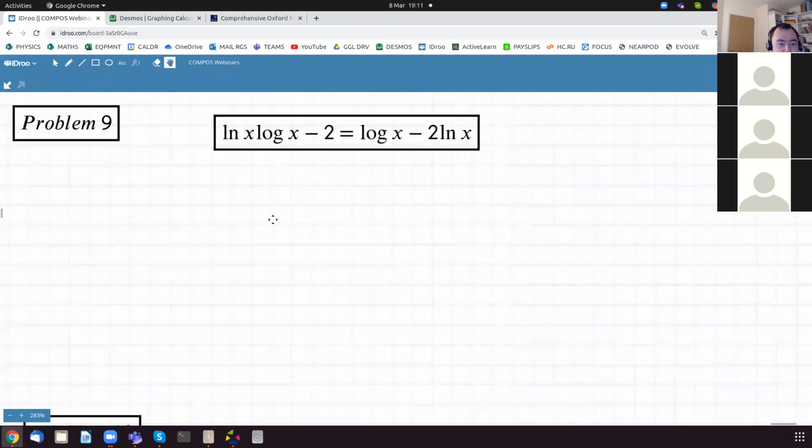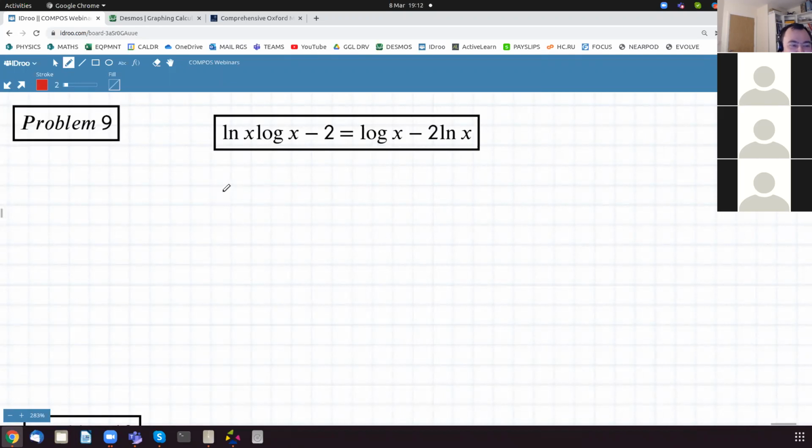Okay, this is another one. Here you would use substitution. You would use substitution, and you have u is equal to ln x. Okay, it's not a good idea.